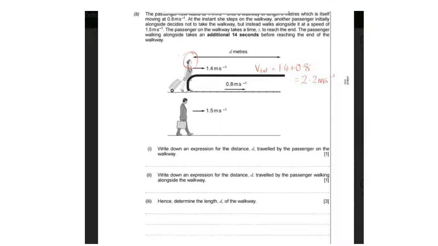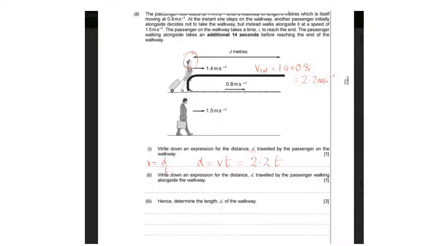And we know that v is distance over time, with new symbols then. So d is the length travelled by the young lady, and t is the time taken. So we need an expression for d. D is v times t, which in her case is 2.2 t.